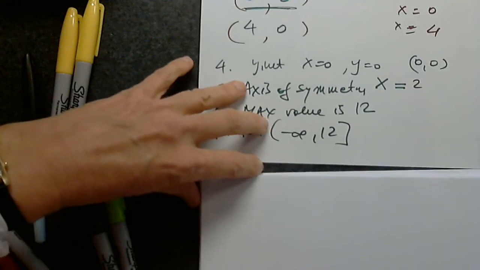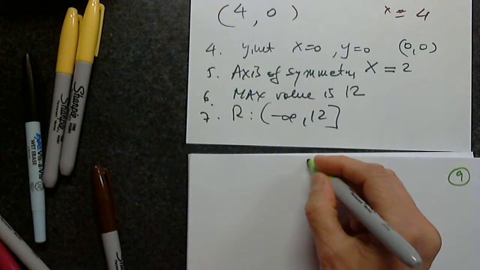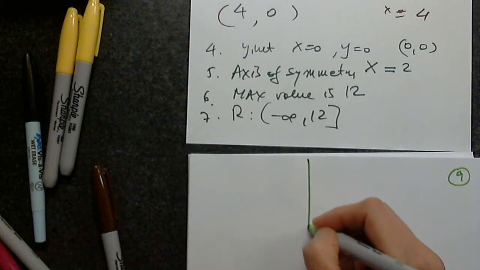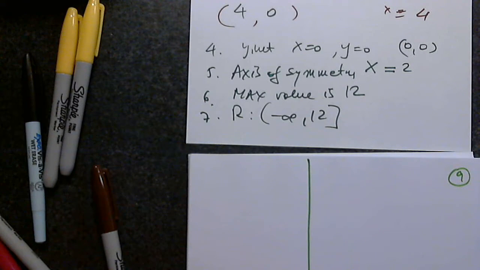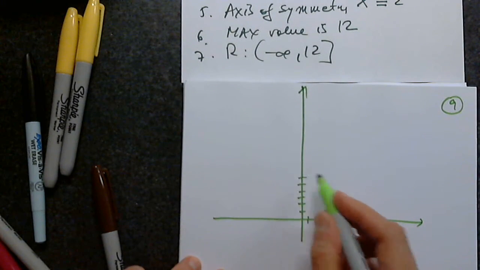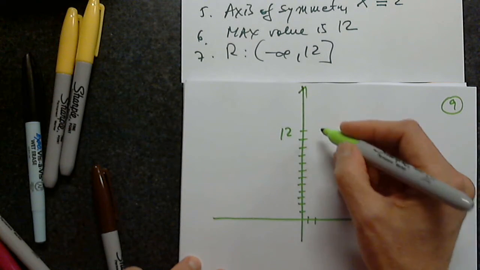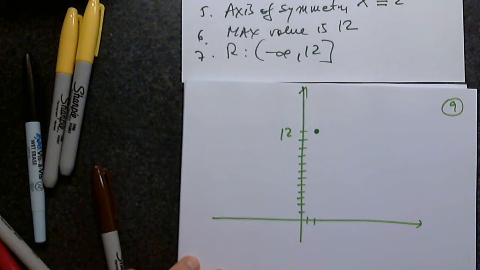We're ready to graph. We have all the information, no secrets whatsoever. So, 1, 2, 3, 4, 5, 6, 7, 8, 9, 10, 11, 12. So this is the vertex.